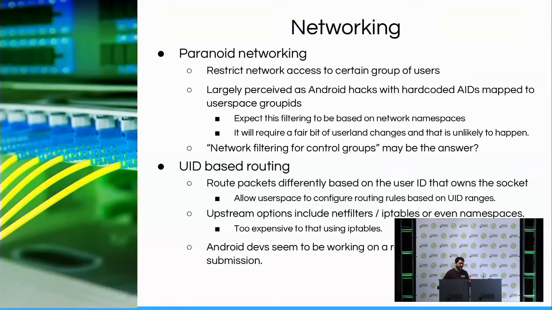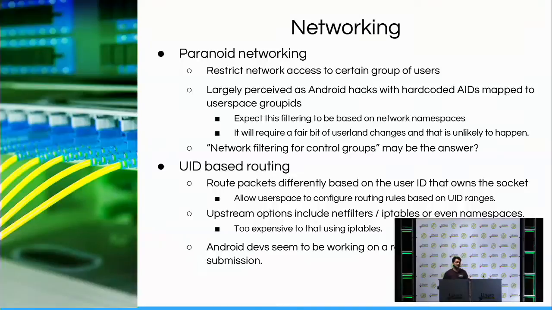Now, this paranoid networking, as I said, is a very tiny bit of code, but since it matches Android IDs with group IDs, upstream developers think of it as an Android-specific hack. They wanted to implement it using network namespaces or something like that. But it turned out, in Android developers' opinion, that doing that in user space is quite a bit of lifting just to get rid of this 100 or so lines of code in kernel space.